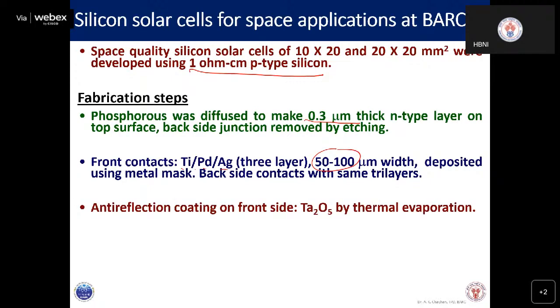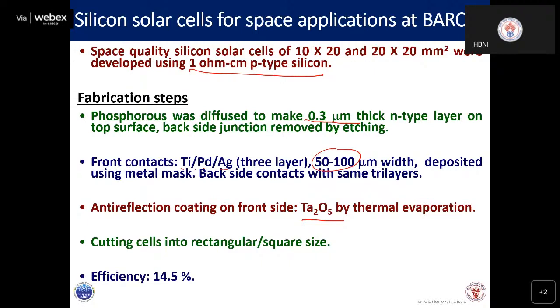Then the anti-reflection coating on the front side was given by tantalum oxide, done by thermal evaporation. Then the cells were cut into rectangular or square sizes, and the efficiency of those cells was nearly 14.5%.